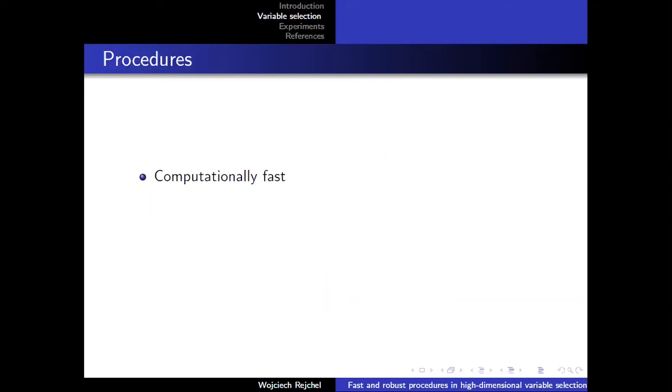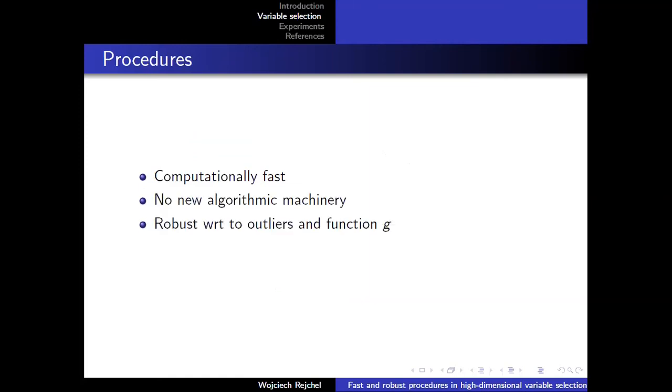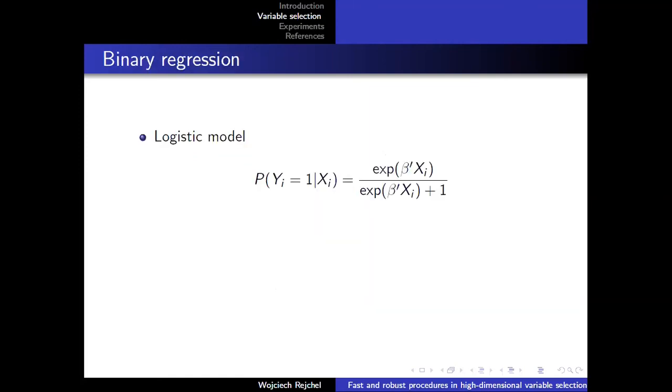But first, I will give you the second procedure, which works in binary regression. Generally speaking, if you work with high-dimensional data taken from binary regression, then the first thing you do is logistic regression with Lasso. So here you've got the negative log likelihood.